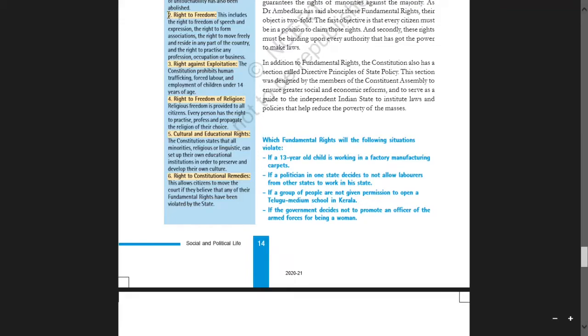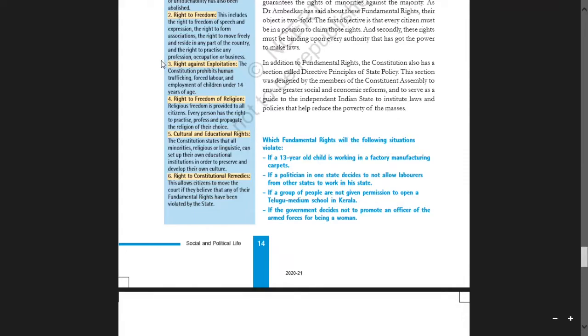Second fundamental right is right to freedom. This includes the right to freedom of speech and expression. So, to give a speech or express anything, this right we have. The right to form associations, the right to move freely and reside in any part of the country, and the right to practice any profession, occupation, or business.